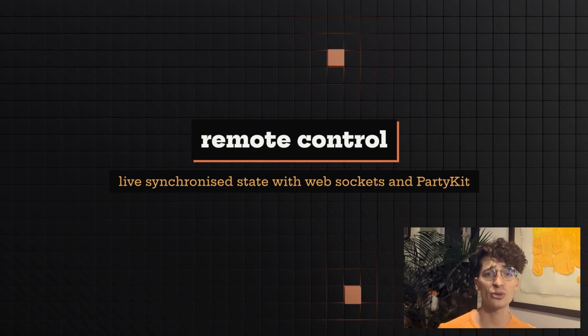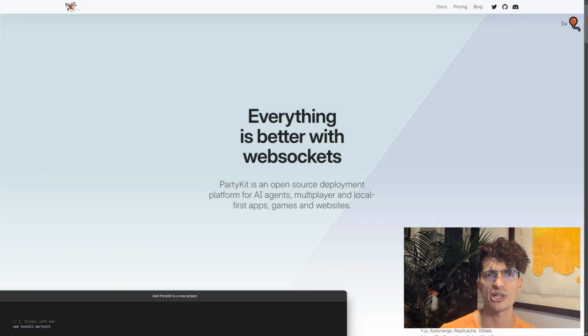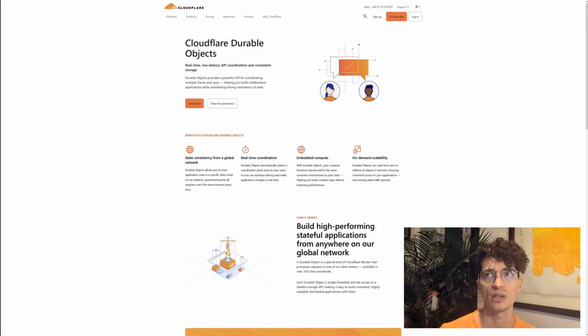So next fun thing, we're going to talk about the remote control functionality. So how we're going to synchronize state across multiple applications with WebSockets and PartyKit. What is PartyKit, I hear you ask? PartyKit is this cool serverless library. It's built on Cloudflare's durable objects.